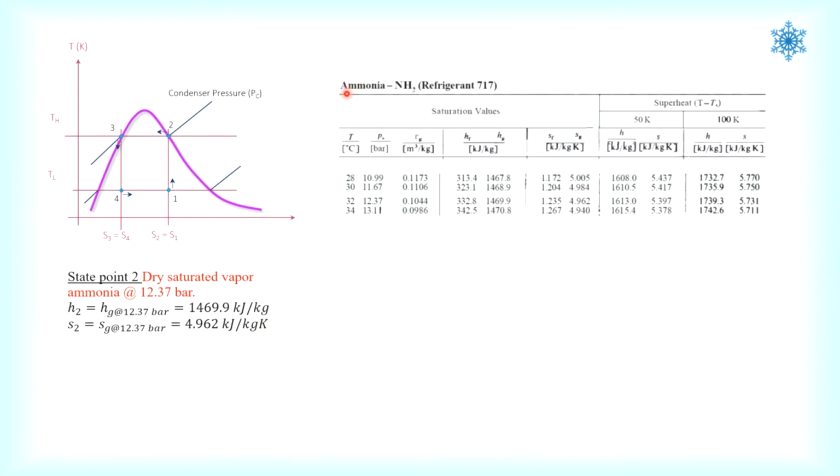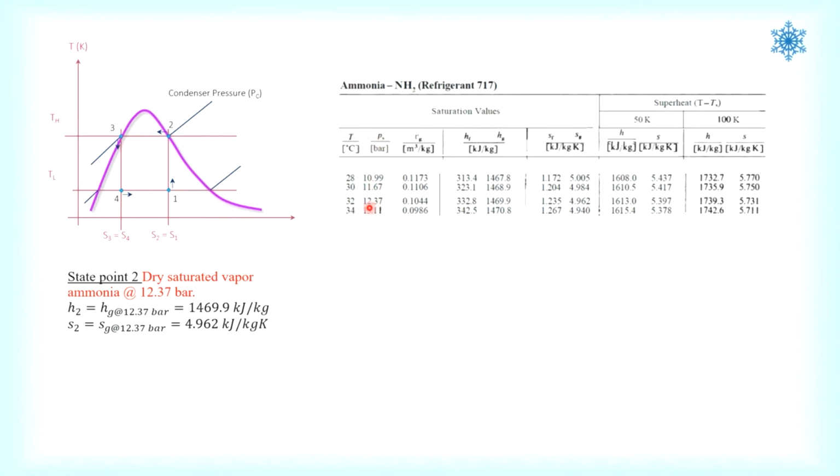Then from the table for ammonia, which is NH3, and the refrigerant code is R717, from the property tables you will have the data for the refrigerant ammonia. Now the pressure at point 2 is 12.37 bar, so look for 12.37 bar.